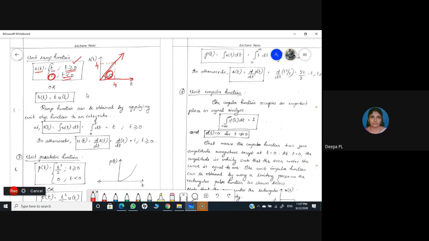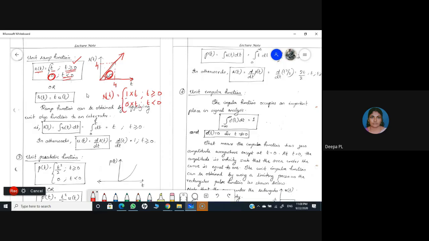Now I can write this r of t as equal to t for t greater than or equal to 0. So I can write it as 1 into t for t greater than or equal to 0 and 0 into t for t less than 0. What is the meaning of this?